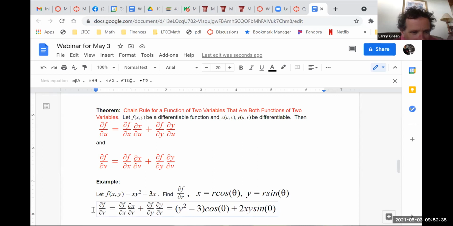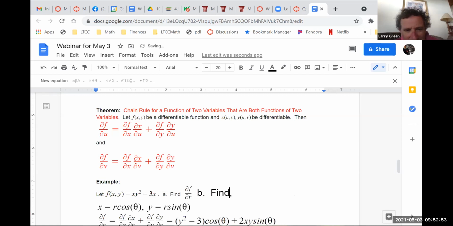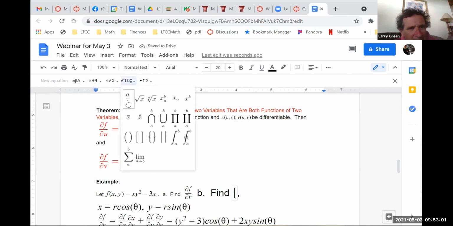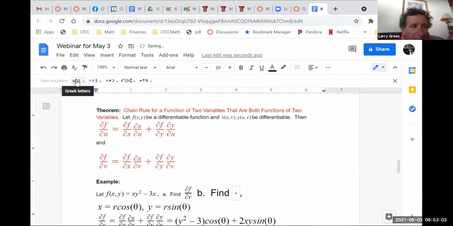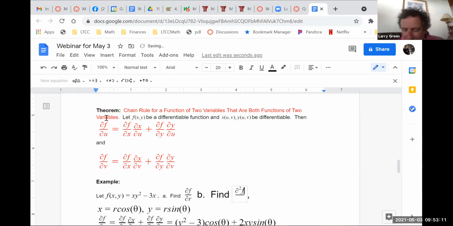So let's call this part A, and then B. Find del squared f over del r del theta.